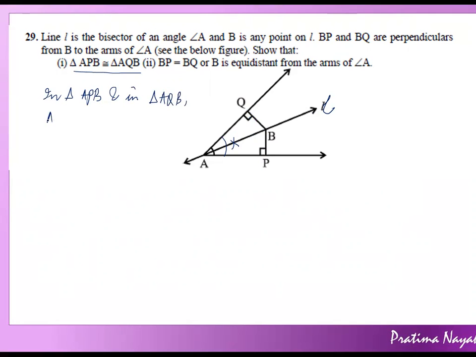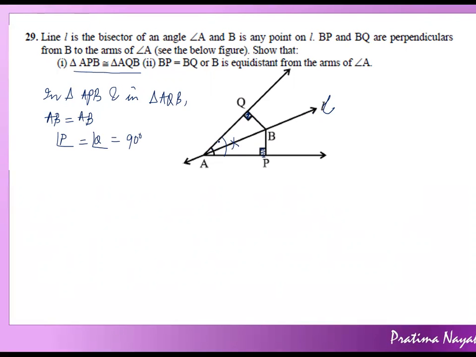First, AB is common. AB is equal to AB. Then one angle we can see it is 90 degree. Angle P, angle Q is equal to 90 degree. And this is the bisector.